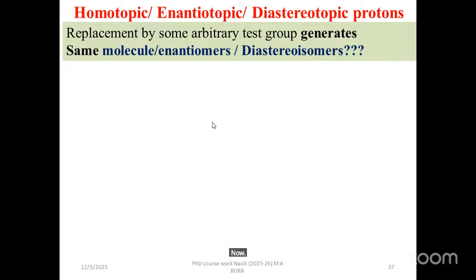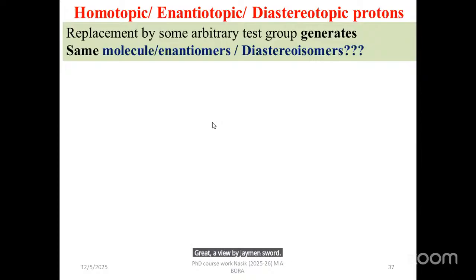Now, what is this first order and second order coupling? First order and second order coupling is decided by two things. One, what is the chemical shift difference between the two protons? And what is the coupling constant between the two protons? If the chemical shift difference is very high, then always first order coupling will be observed. But if the chemical shift difference is very small and delta nu by J is less than 10, delta nu by J means what?